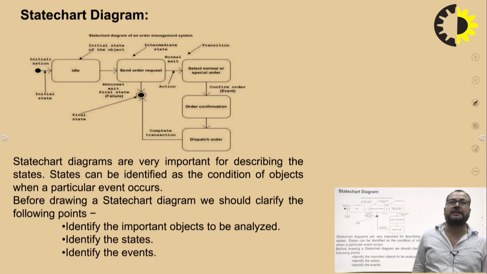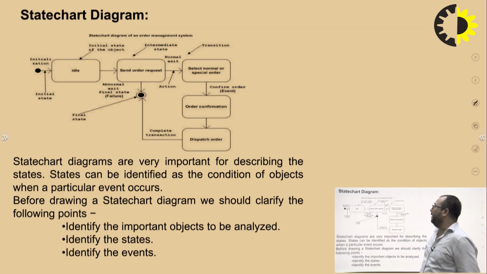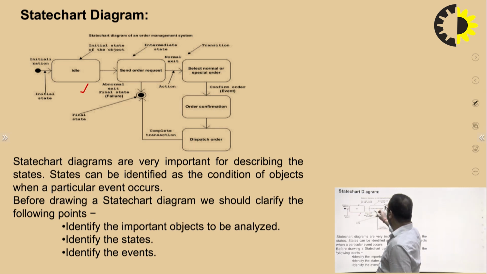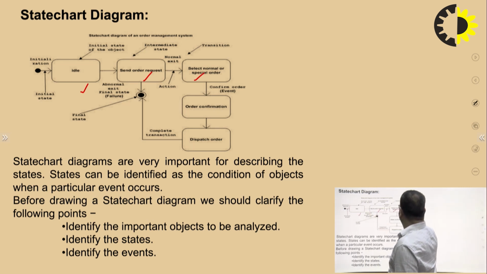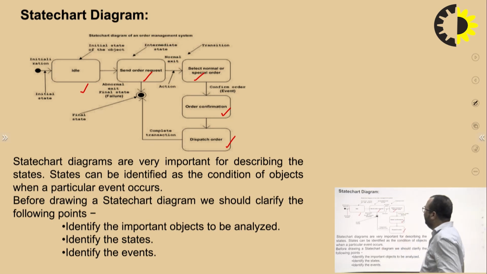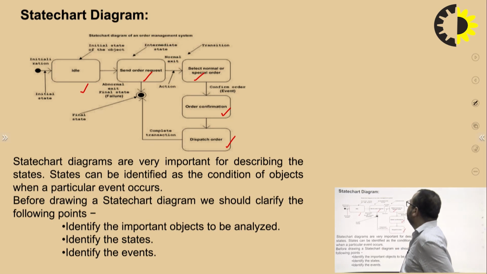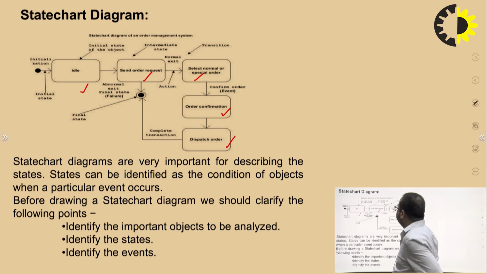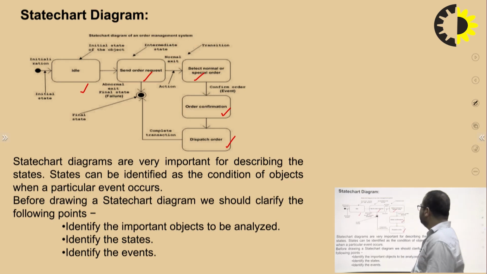This is the state chart diagram, where we show various states, like the idle state, send order request, select normal or special order, order confirmation, and dispatch order. These are basically the various states.